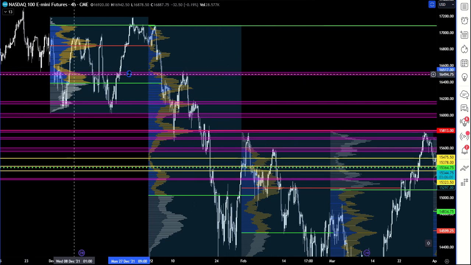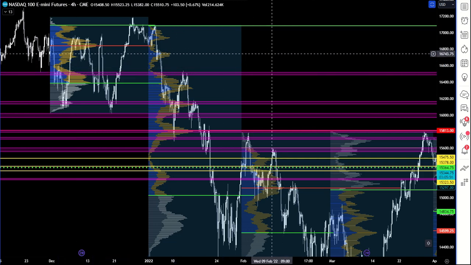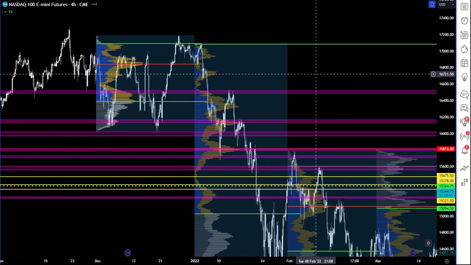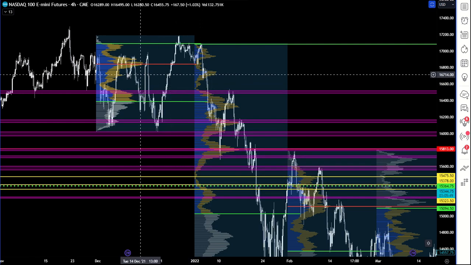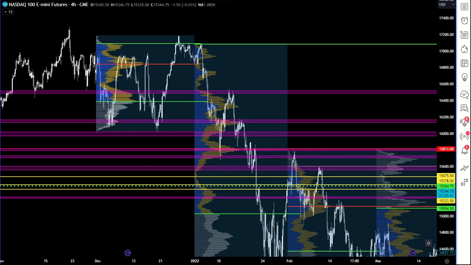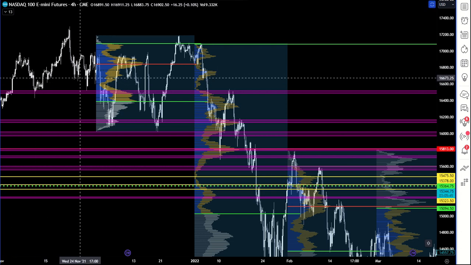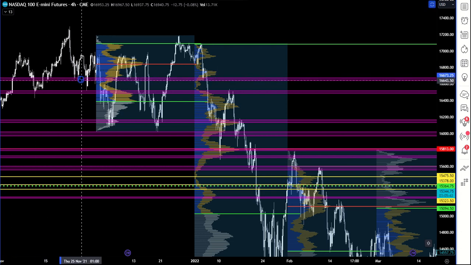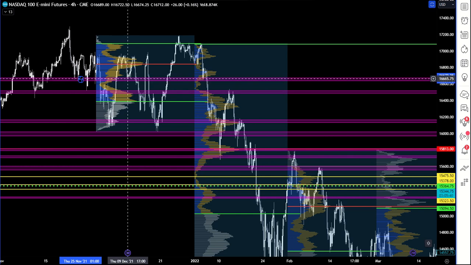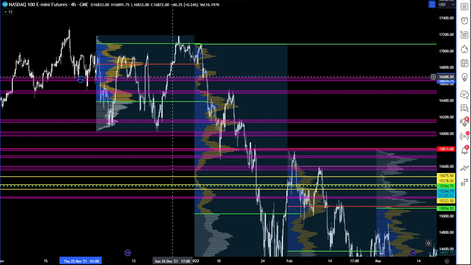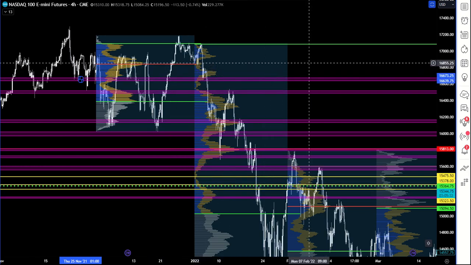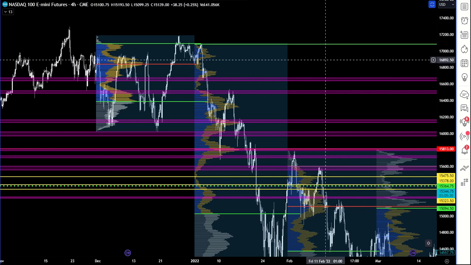Top of a shelf, kind of a top of a shelf. Looking over here, we've got the bottom of this shelf. It provides a ton of support, and I'll show that in just a second. Bounce, bounce, rejection, bounce, bounce. That's another level.